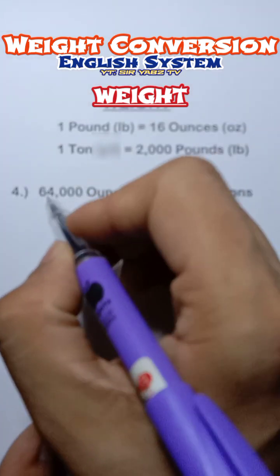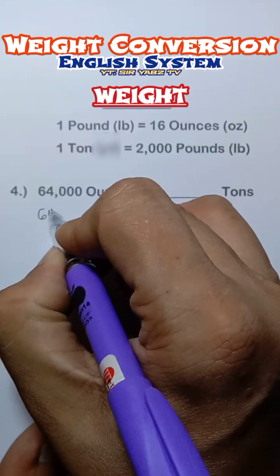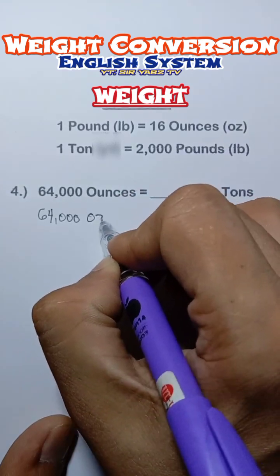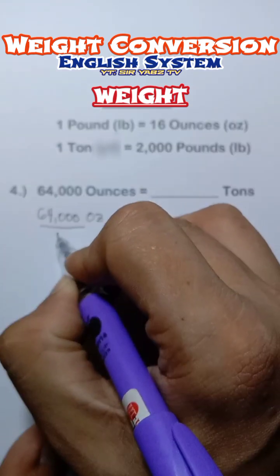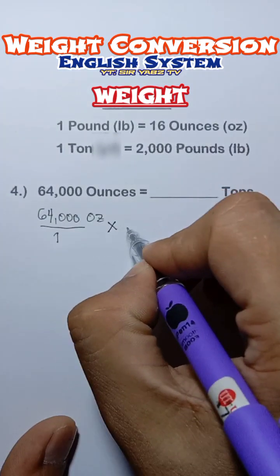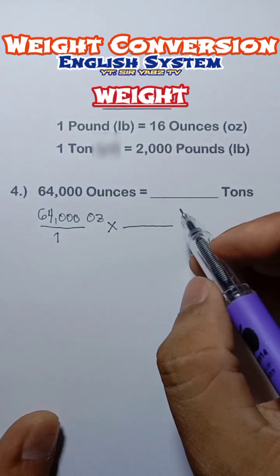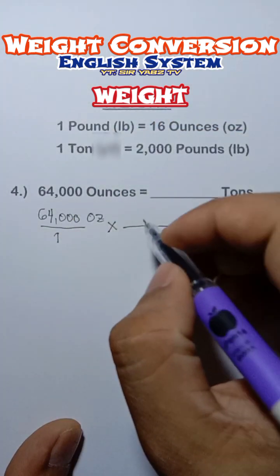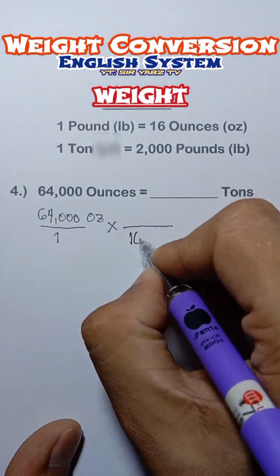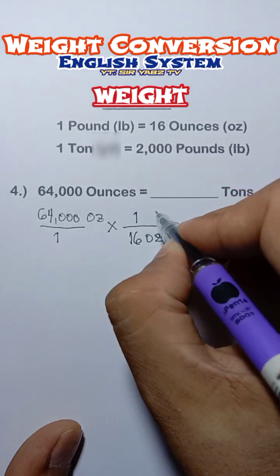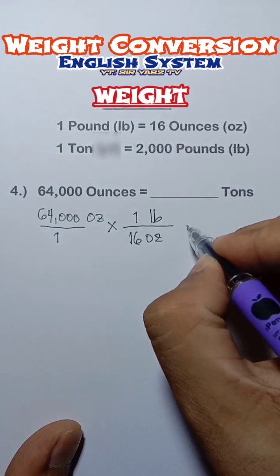So this is just example for ounces to tons. So 64,000 ounces. How many tons on 64,000 ounces? So 64,000 ounces over 1 times, since we don't have ounces and ton, so we have to use 16 ounces on the denominator and then 1 pound on the numerator.